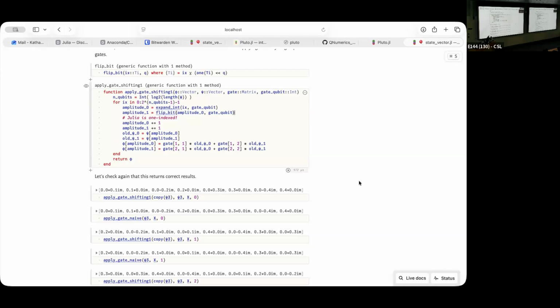So for 0, this does nothing because it's all zeros anyway. For this one, it also effectively does nothing because this is also a 0. Then this one moves over 1. So this has already become 5. So we already managed to access the bottom half of the index spectrum by only looking at the top.